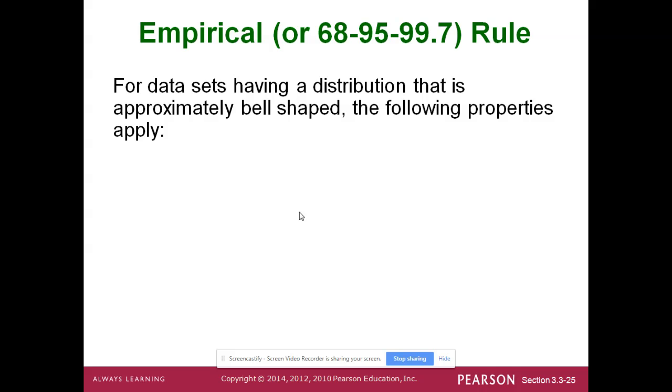Okay? It's for distributions that are approximately bell-shaped. Bell-shaped means it's probably what kind of distribution? Normal. And we like for things to be a normal distribution.